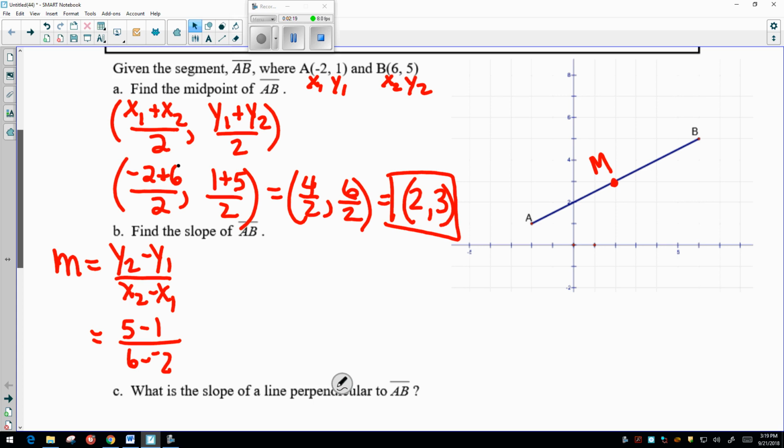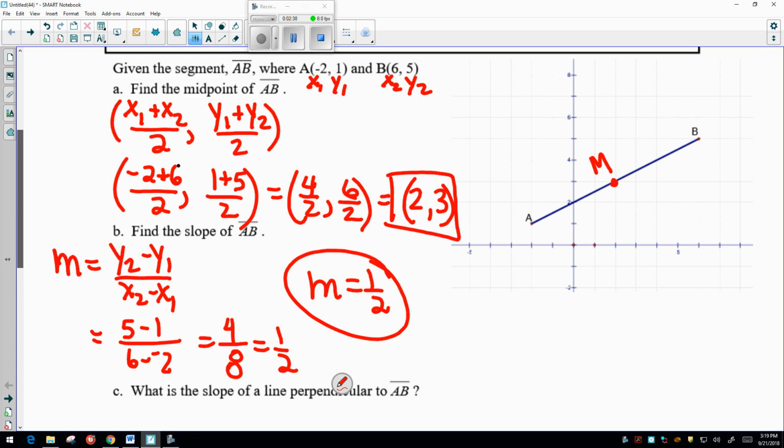Simplifying the numerator, we have 4. Simplifying the denominator, 6 minus -2 is like 6 plus 2, which gives us 8. And we always want to reduce our slopes. So we can see the slope of line AB is 1/2. We should be able to visually check that: if I go up 1 and over 2, that makes sense.